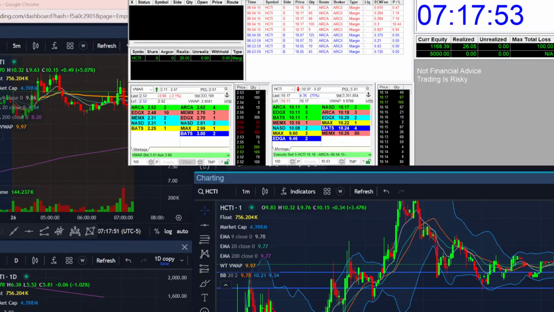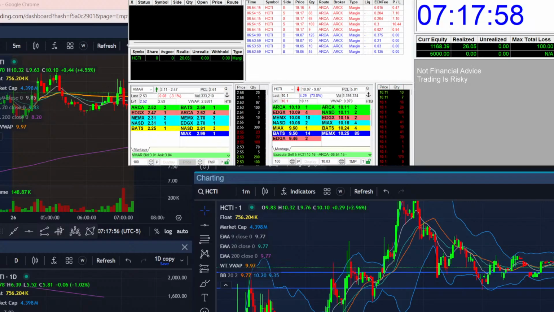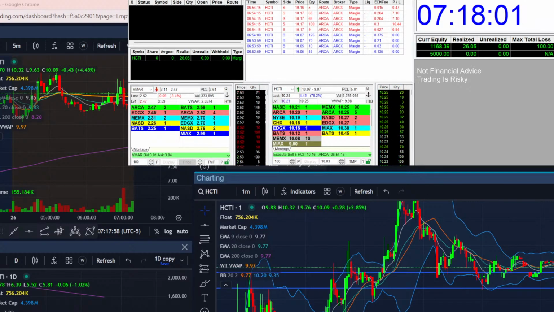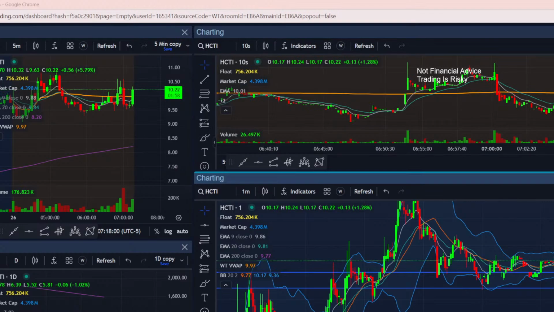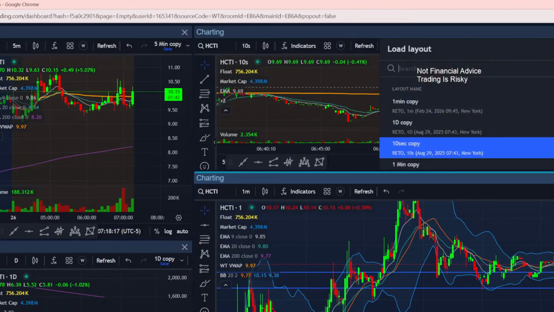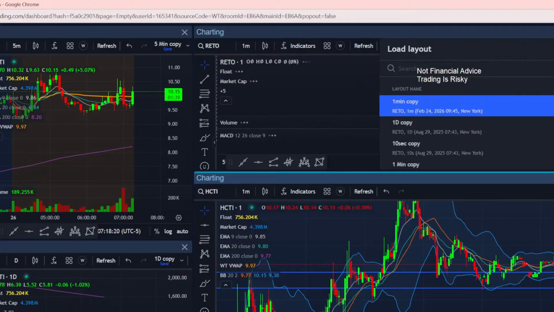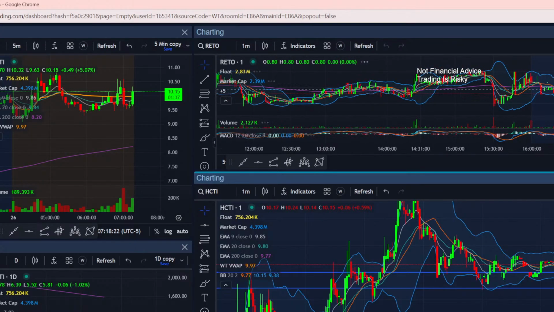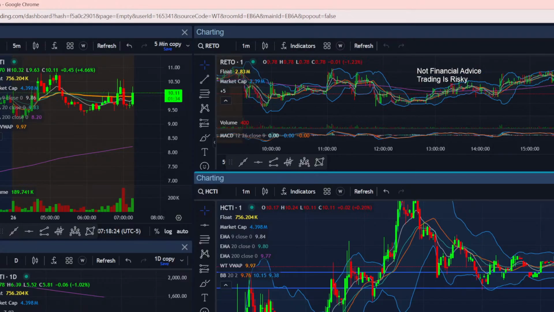I think we're cooked on that one. Oh, instead of doing that, I can just disable one. I can disable this. All right. Now you can't really see all of it, but I'll just switch this to the 1 minute because this is a 10-second chart.